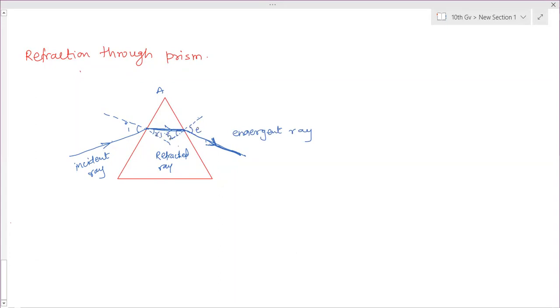The angle between the normal and the emergent ray is the angle of emergence. Produce the incident ray forward and the emergent ray backwards. Wherever they meet, the angle between them is called the angle of deviation D. D is the angle of deviation.